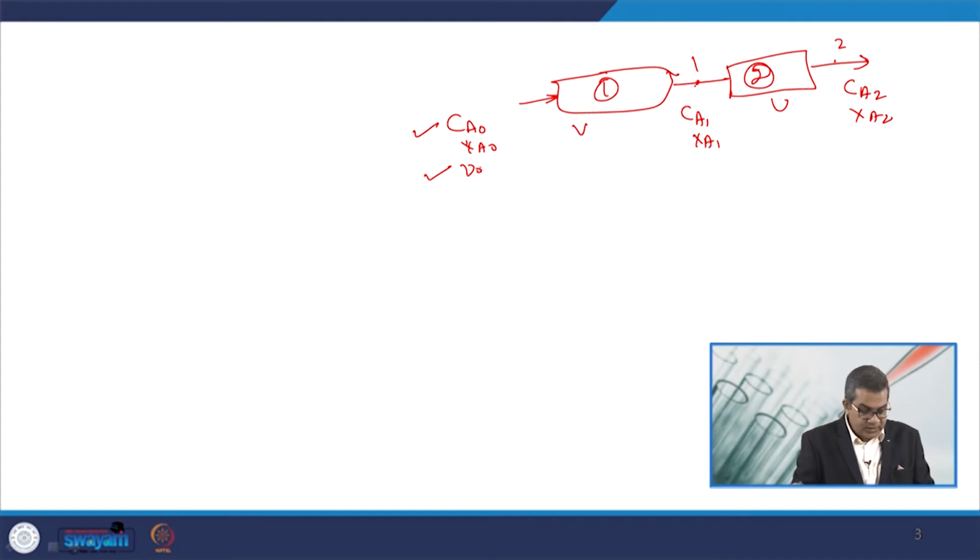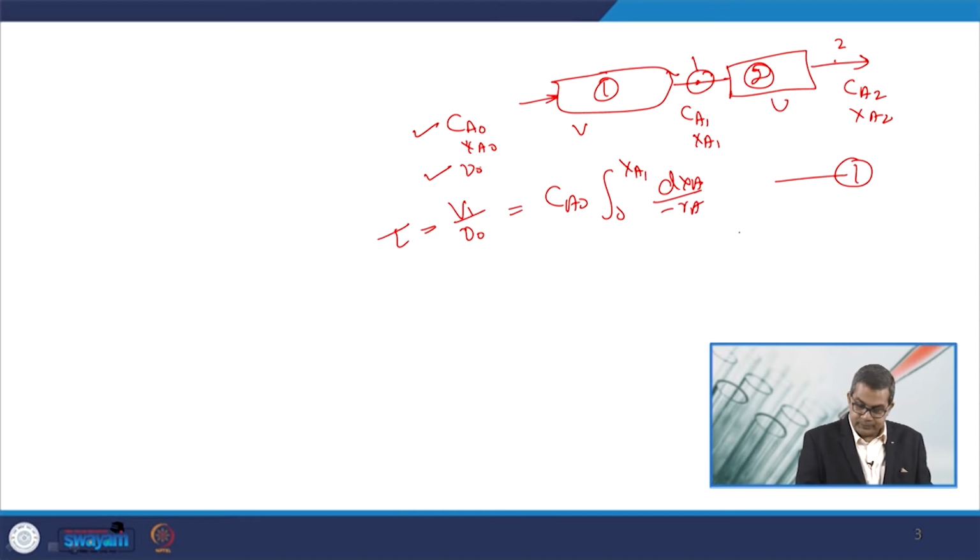Now for the conversion at point 1, at the exit of the first reactor, the performance equation for the first plug flow reactor can be written as tau is equal to V1 upon V0 is equal to Ca0 integral from 0 to Xa1 of dXA upon minus Ra, that is equation number 1.